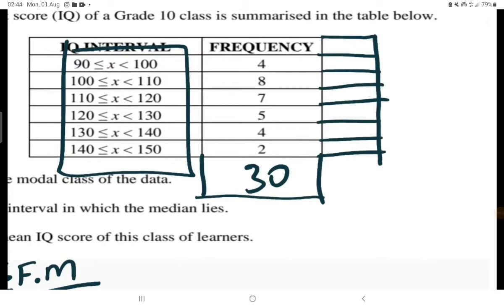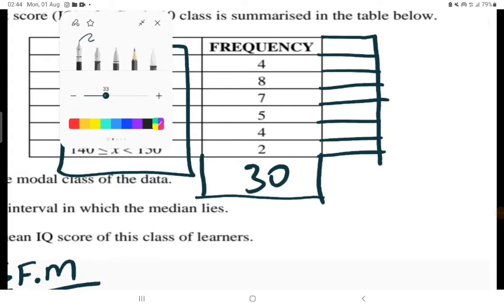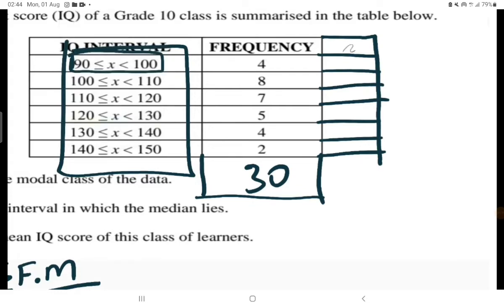Now, the median class interval: when we take this one, we have 90 plus 100 divided by 2, which is 95. Then coming to the second one, 100 plus 110 divided by 2 is 105.